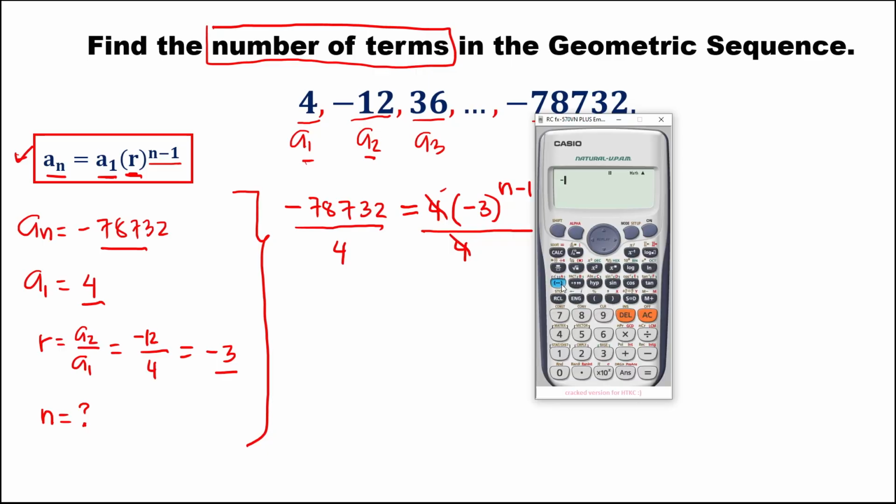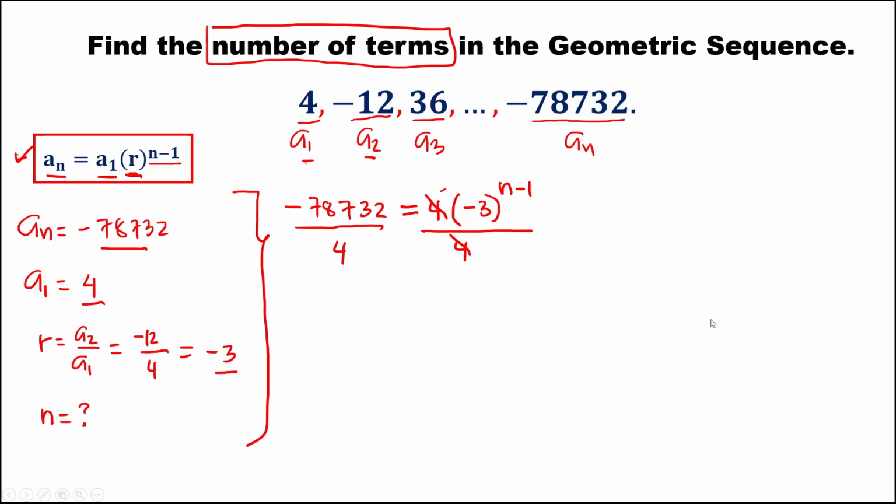So we now have negative 78,732 divided by 4, that's negative 19,683, which equals negative 3 to the power n minus 1.